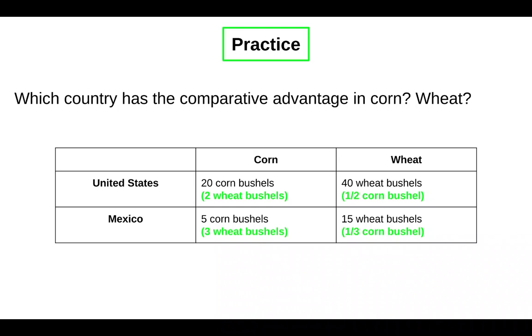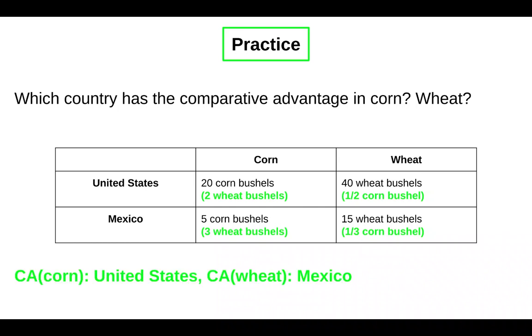Now on the other side, with wheat, notice that Mexico gives up only a third of a corn bushel, whereas the US gives up half a corn bushel to produce the wheat. 1/3 is less than 1/2, and so Mexico has the comparative advantage in wheat, whereas the US has the comparative advantage in corn.